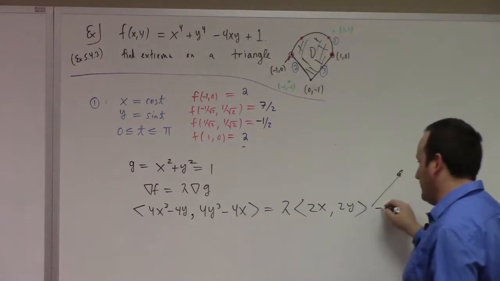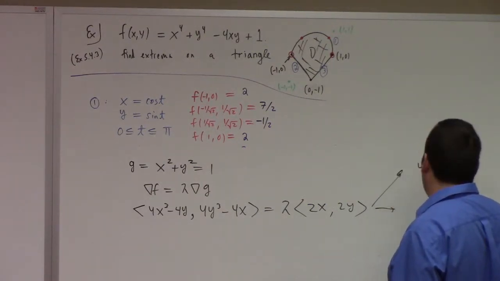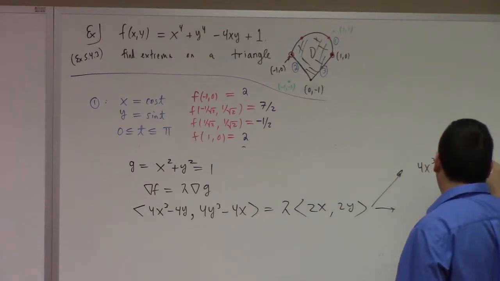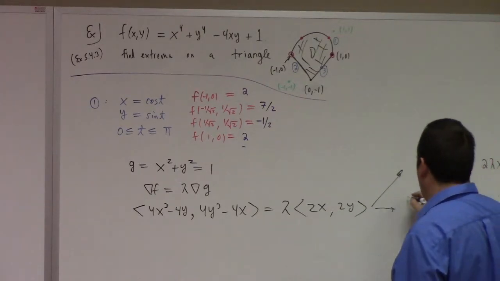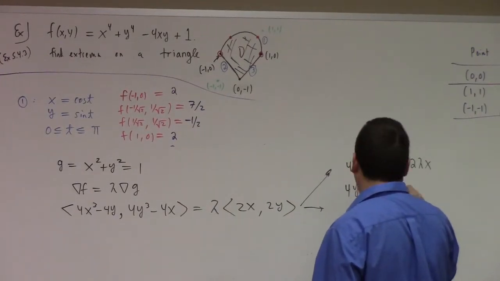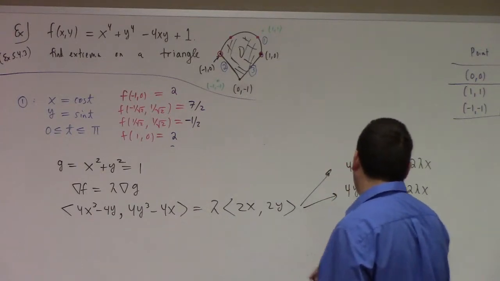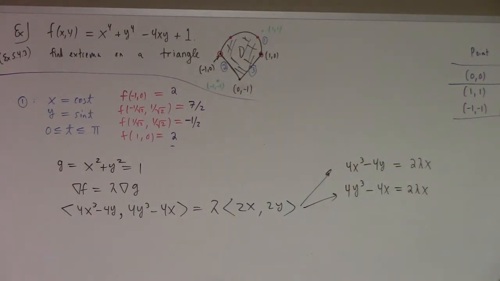Let's see here. So that would give me 4x cubed. I think it's probably going to be easier. I guess we can, what can we do? If we're willing to give up on the 0 solutions, right?